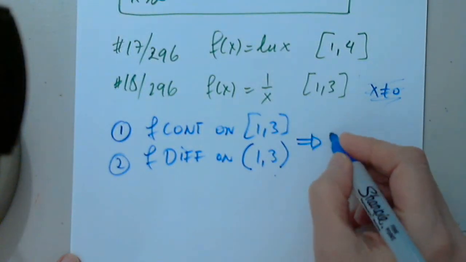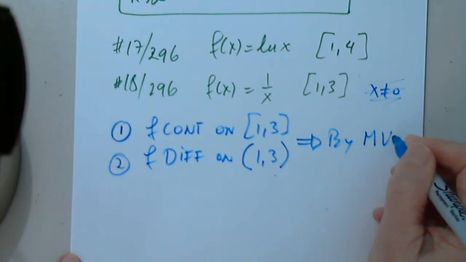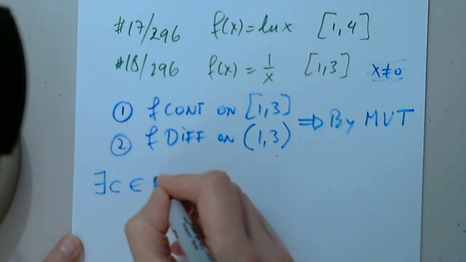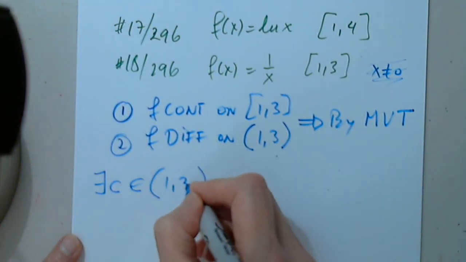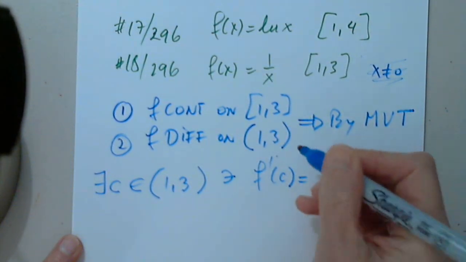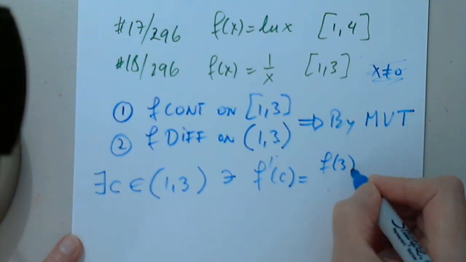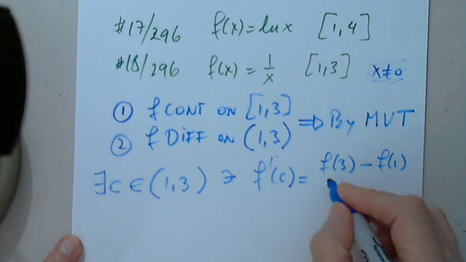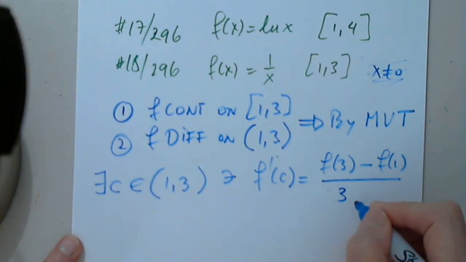Then I will say, by the mean value theorem, there exists a c in the open interval 1 comma 3 such that f prime of c equals f of 3 minus f of 1 over 3 minus 1.